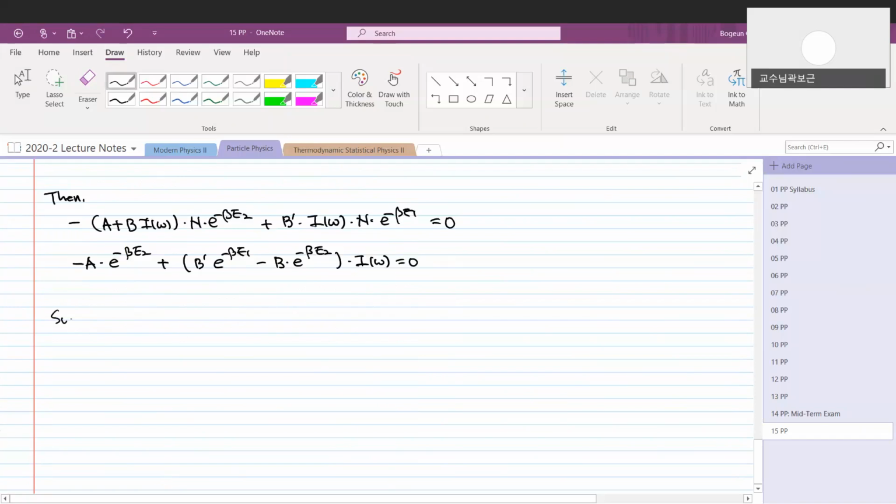We consider black body radiation in some system. Then there is the intensity defined by I omega, and you find that I omega equals B prime e to the minus beta E1 minus A e to the minus beta E2 over B e to the minus beta E2.